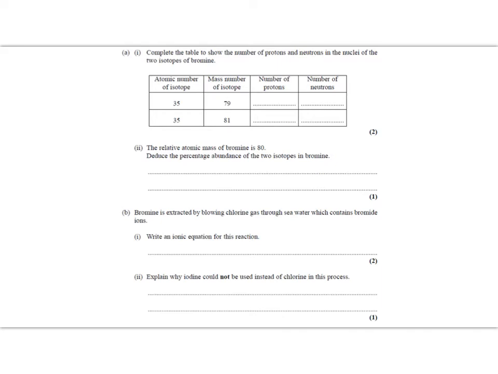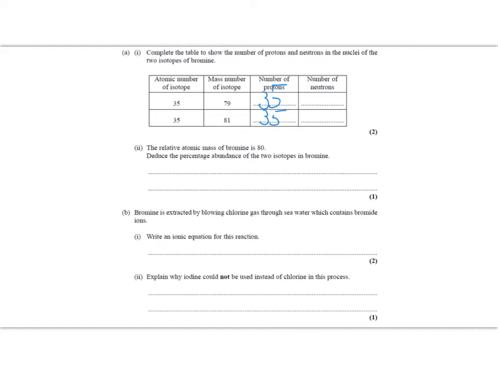So this question concerns atomic structure and then moves on to looking at halogen displacement. And you should be spotting that atomic number is the same whatever the isotope is, so the number of protons here is 35, and here 35 as well.